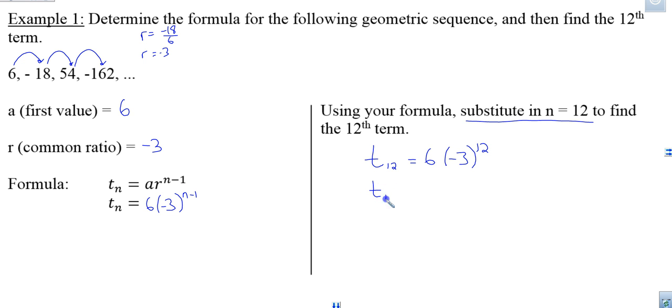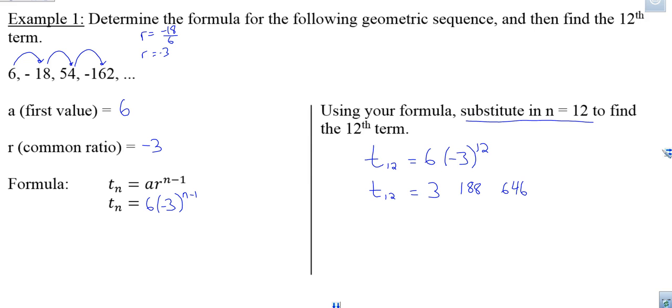Now, you can type that into your calculators, but just remember that the exponents have to be applied first before the multiplication. So that will give us an answer of 3,188,646, so quite a big number. And that's going to happen quite often with geometric sequences because we're multiplying to get our next term, so those numbers can get quite big.